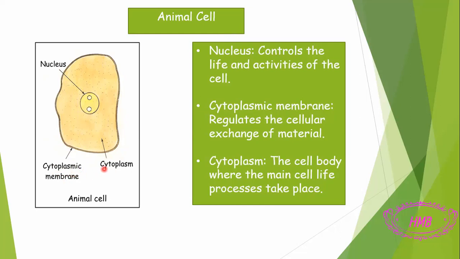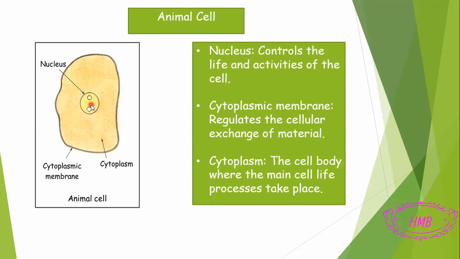For every part of these, we have a function. Every part performs a specific function that helps the cell to do its own job and makes living things to be alive. First, we will start with the nucleus, which is the central part.